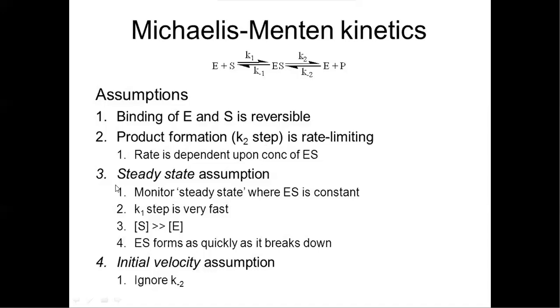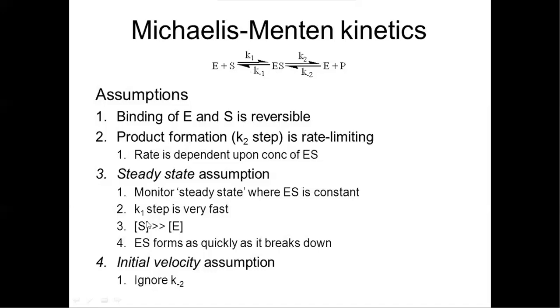And the third assumption is the steady state assumption. Here the ES complex acts as a constant. Why? Because ES can form quickly, and it can also break down into products and substrates quickly.